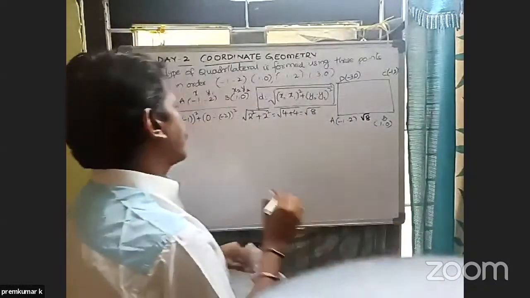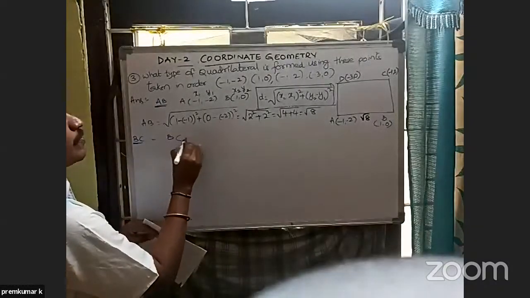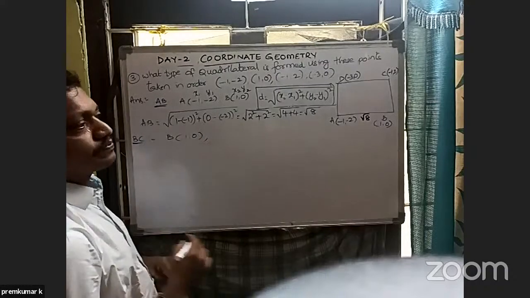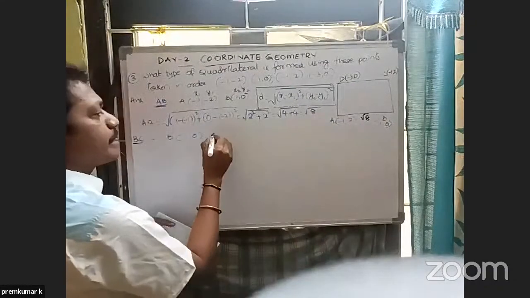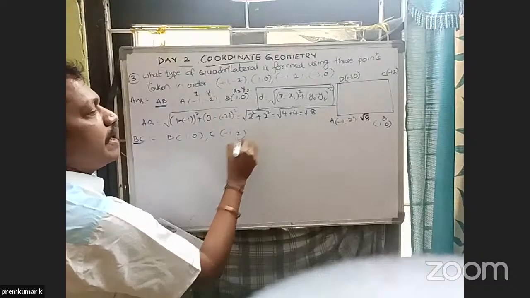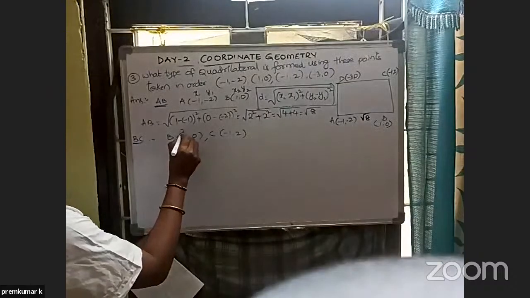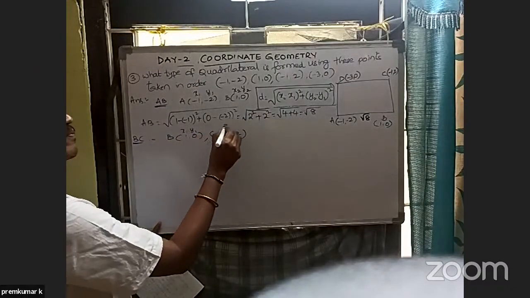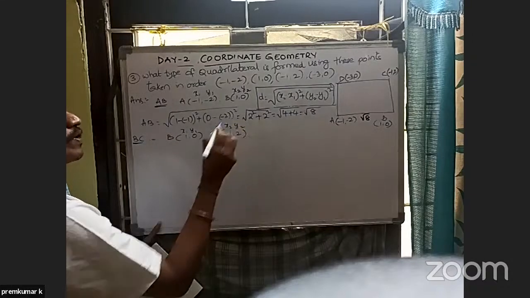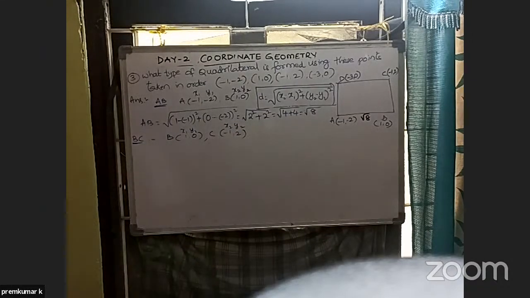Now BC: B is (1, 0), C is (-1, 2). Take these as (x1, y1) and (x2, y2).